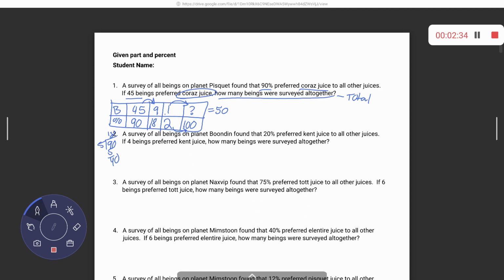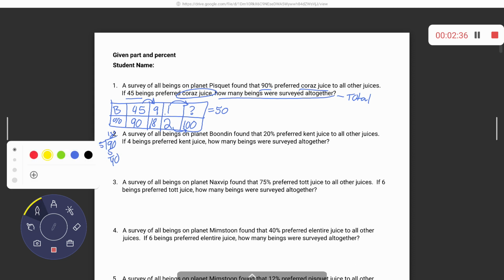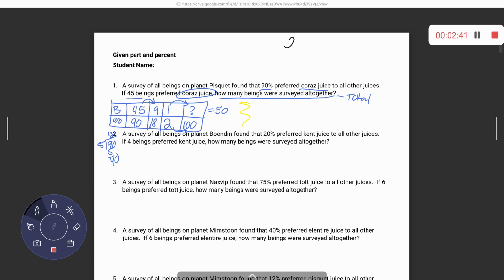Now, if you want to do a different method, we can do part over whole, percent over 100. So our part is 45. Our whole, we don't know. Our percentage is 90 over 100.